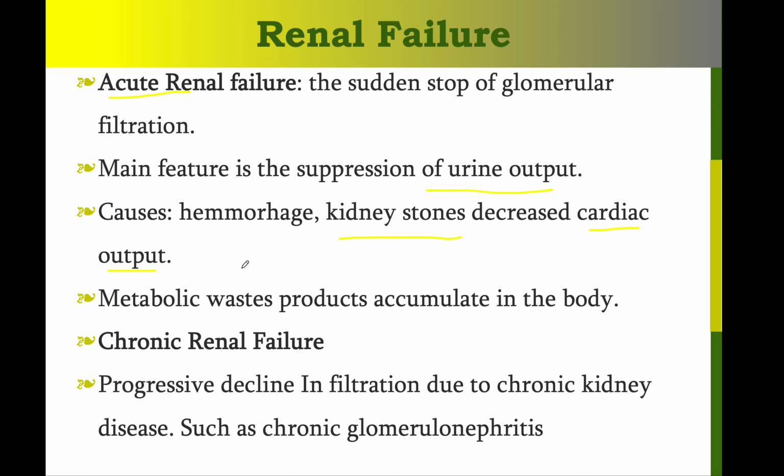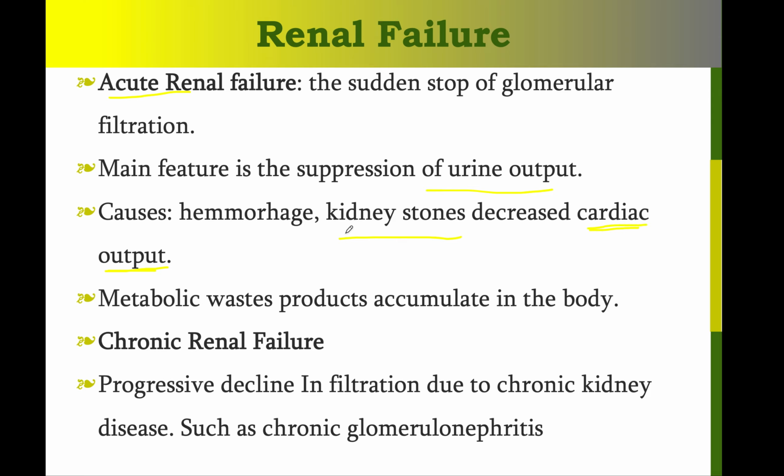So what will happen when there is not enough urine output? The metabolic wastes, especially the nitrogenous wastes, are going to accumulate in the body. They check the BUN and the creatinine. If they are high, then they say this person is probably in renal failure, because of hemorrhage, or sometimes dehydration, or it happens with people who have congestive heart failure, where their heart output is decreased.